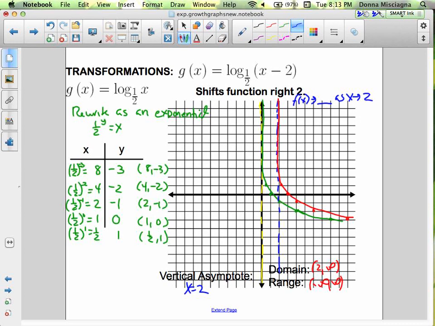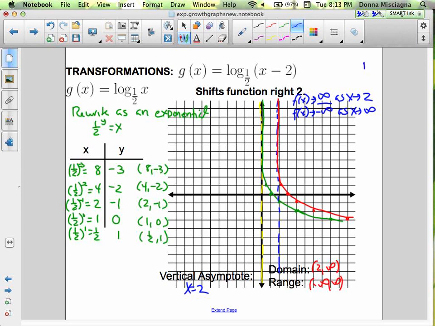As we get close to 2, our function is going to infinity. As I get close to that vertical asymptote, it's going to get larger and larger. As we move away from the asymptote, my function is going to negative infinity as x approaches infinity. So x is going from 2 to infinity.